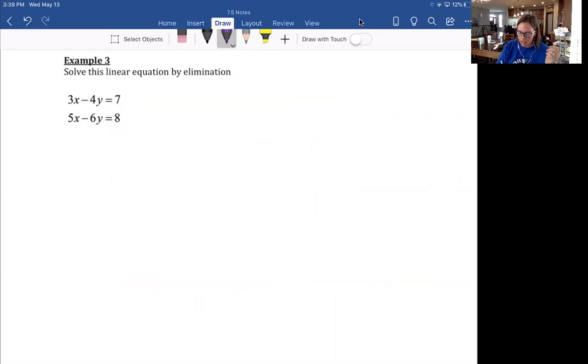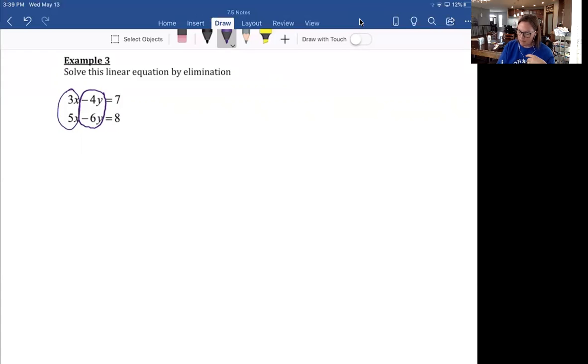I could change these x's so that one's a positive and one's a negative of the same number. So I'm thinking 15. I could modify these equations to get a positive 15 and a negative 15. I could also modify the y's, there's a common number there of 12 to get one a positive 12, one a negative 12. I'm going to show you both.